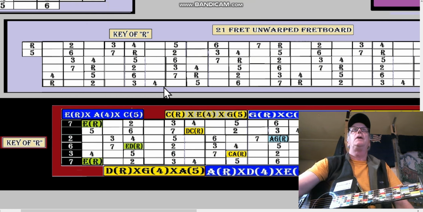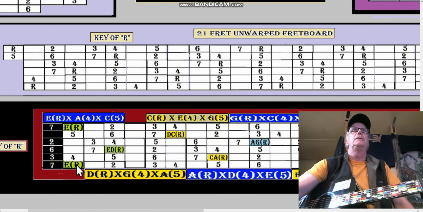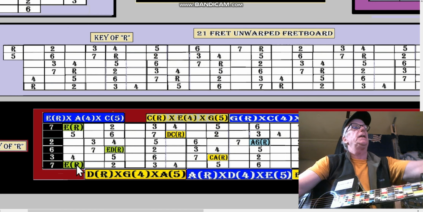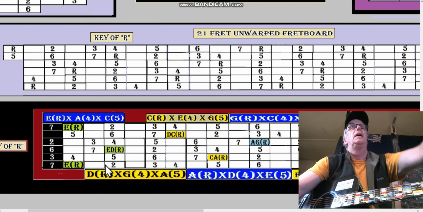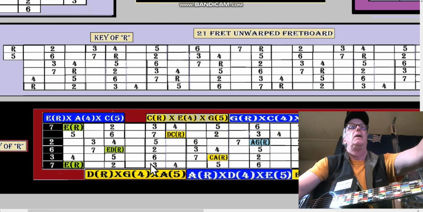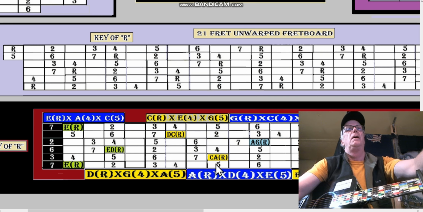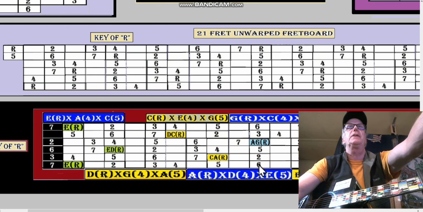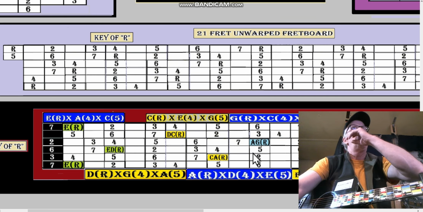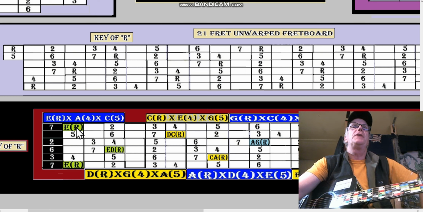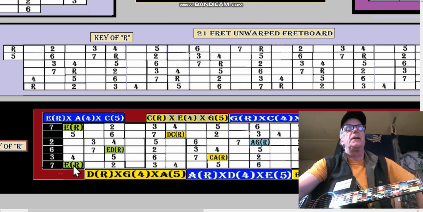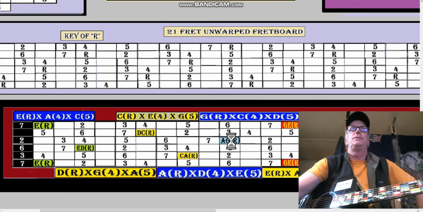Now we have 12 tones, starting on E. There's the 6th of E, the C sharp. So the numbers pertain to that being an E there.